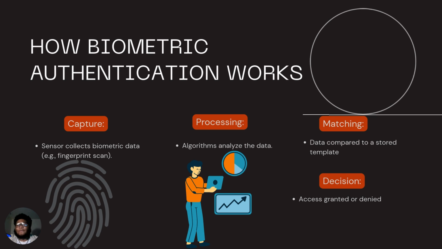So when you first set up your phone and put your thumb on there for the biometric scan, it's comparing the two to make sure that you're an identical match and that you are the user of the phone. And last but not least, you'll have the decision. That's whether or not the phone will allow you to have access or deny it.